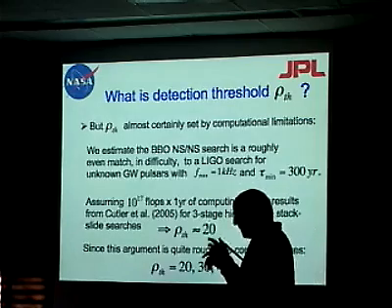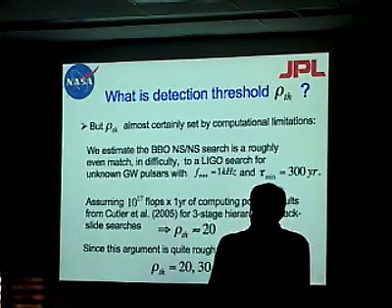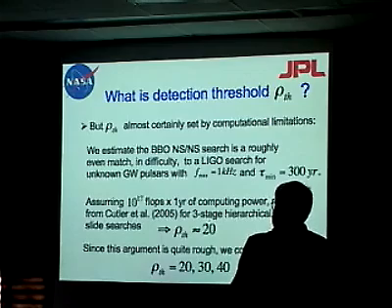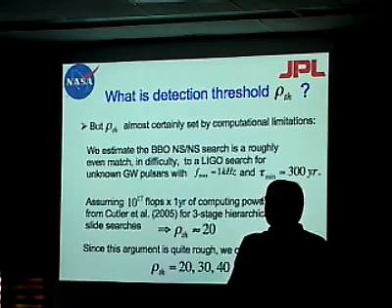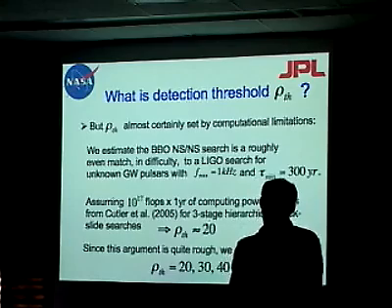And for those kinds of searches, we know what signal to noise we need to find these pulsars. Usually a factor of 2 or so above the signal to noise you need just based on statistics alone, when you include reasonable computational power.